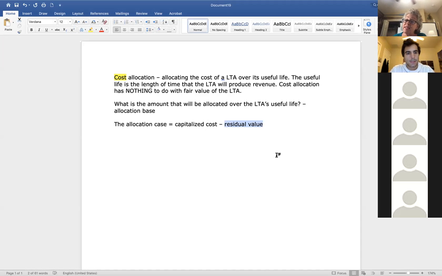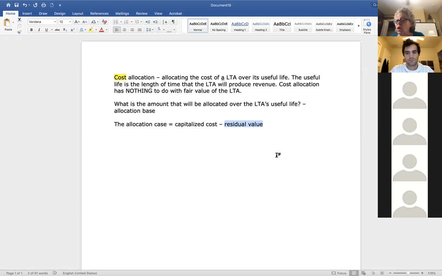If I anticipate that at the end of its useful life, I could sell it or exchange it for $10,000, then what is the ultimate cost to the company? They spent $100,000 on it. They anticipate that at the end of its useful life they could sell it or exchange it for $10,000.